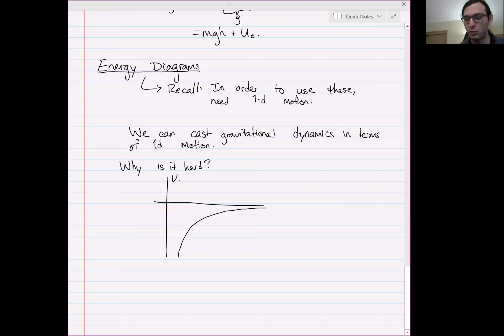So we have U sub G, we have r, and let's say that the object is here, and it's moving towards the perihelion. Say that this position here is the perihelion. And it's moving towards the perihelion with some speed v. So we can figure out what the total energy is by figuring out its potential energy, adding to it its kinetic energy, and so on.